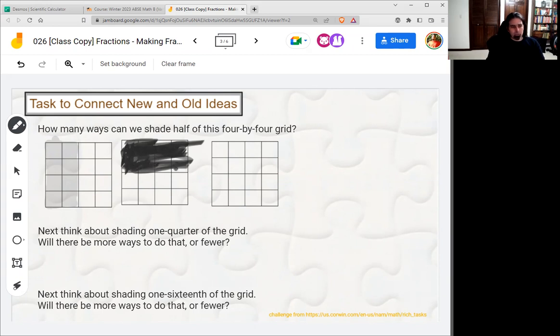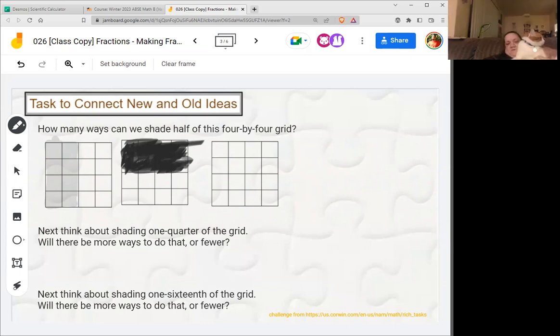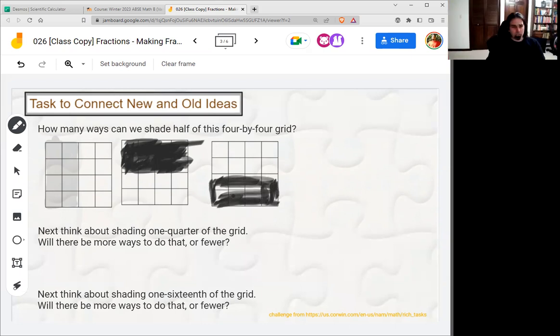Does it matter if it's the top two rows? Bottom two? You could do the bottom two. Do you need your two rows to touch?